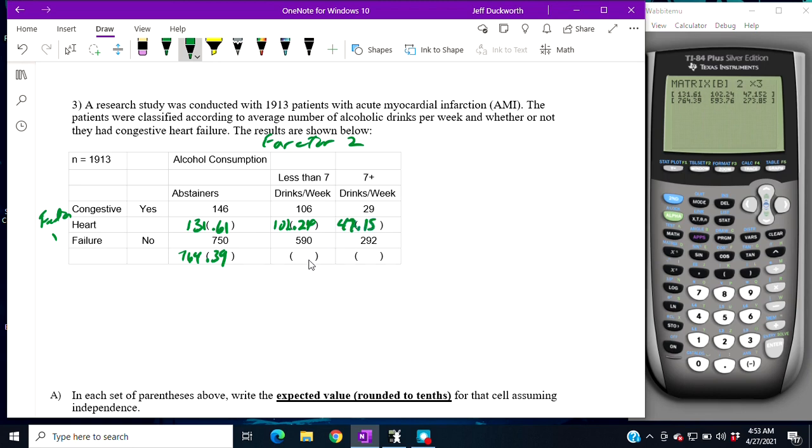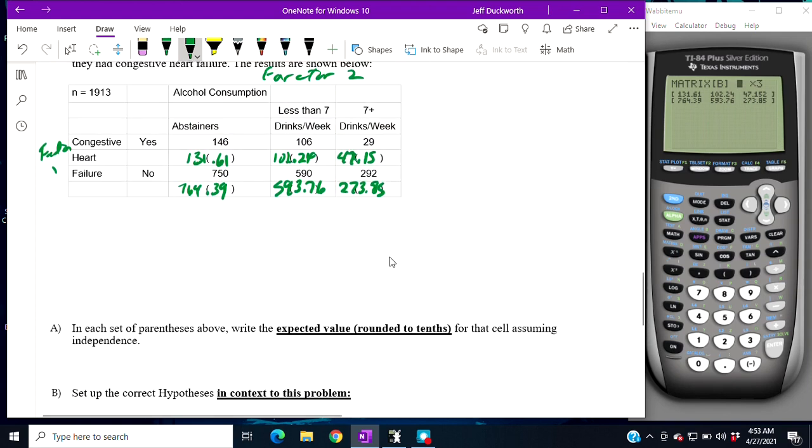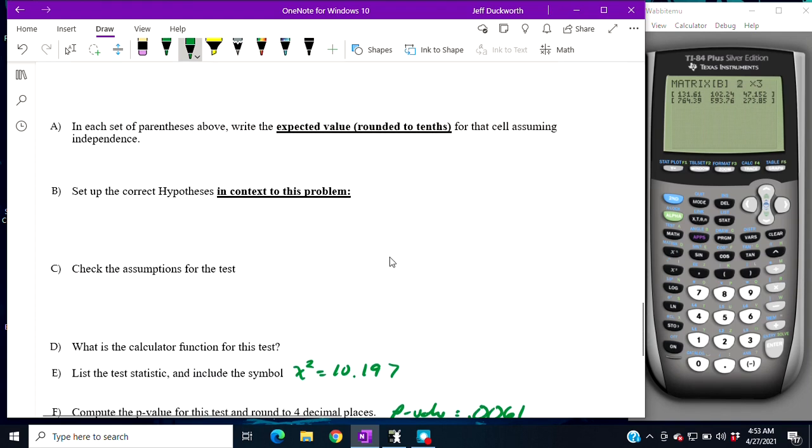Below that, 593.76. And then 273.85. And those are the expected counts. All right, so let's see. And that's what part A wanted.